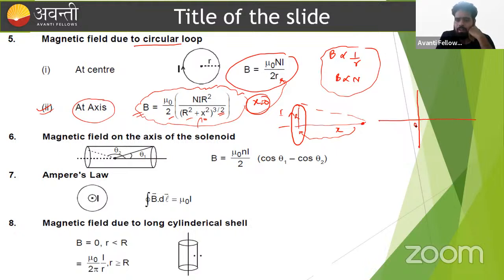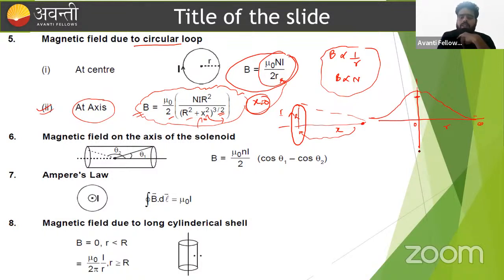We know that at the center the magnetic field value is maximum, and here this value becomes 1 upon infinite, tending to 0. So at positive infinite distance, the magnetic field is 0. At negative infinite distance, this is again equal to 0. And at the center it is maximum. So if we join this with a curve, it is something like this.